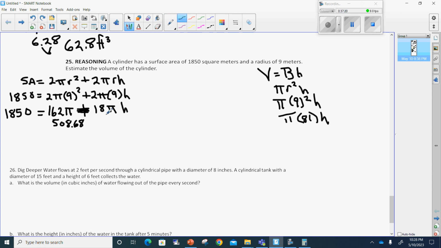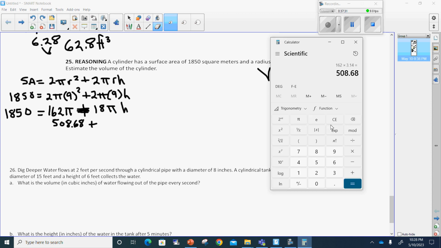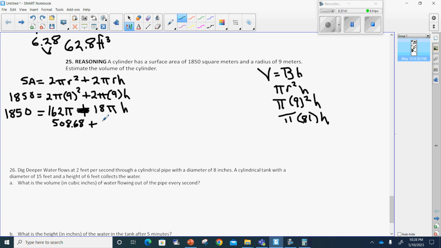We're going to add this to 18 pi. What is 18 times pi? 18 times pi gives it 56.52.